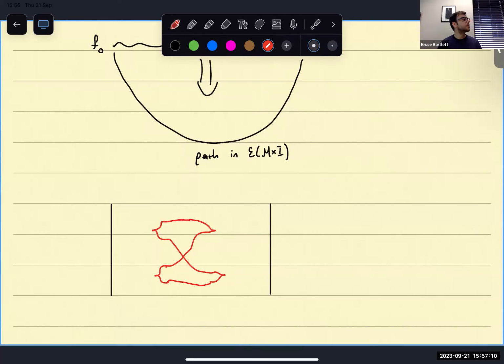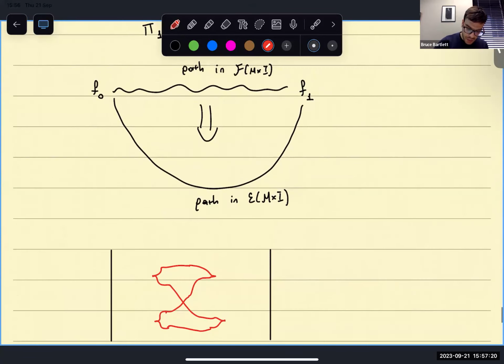It's complicated, but it's only births and crossings. It could be very, very convoluted. And so that would be the Cerf graphic for a Cerf path from F0 to F1.